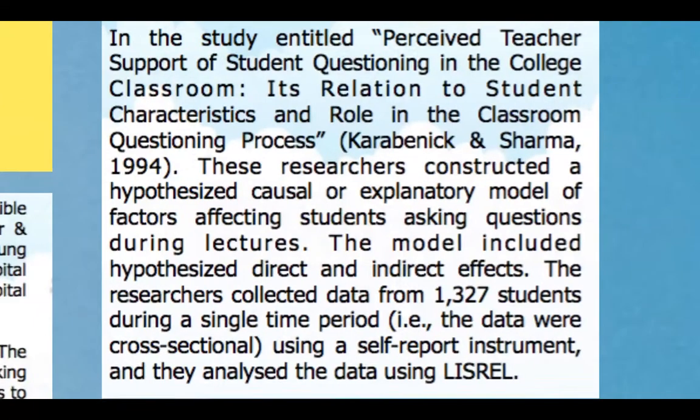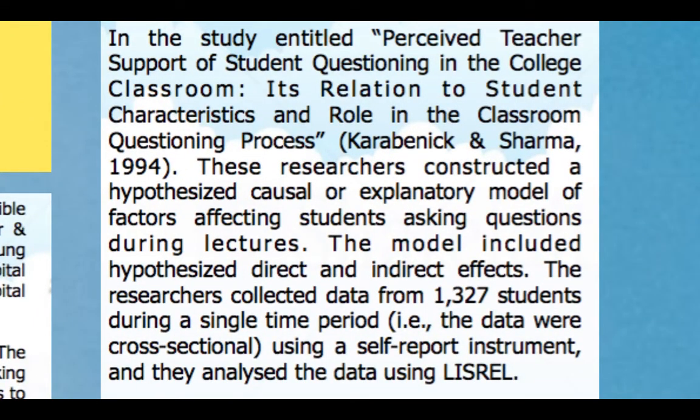Another example is the study entitled Perceived Teacher Support of Students' Questioning in the College Classroom, its relation to students' characteristics and role in the classroom questioning process. These researchers constructed a hypothesized causal or explanatory model of factors affecting students asking questions during lectures.